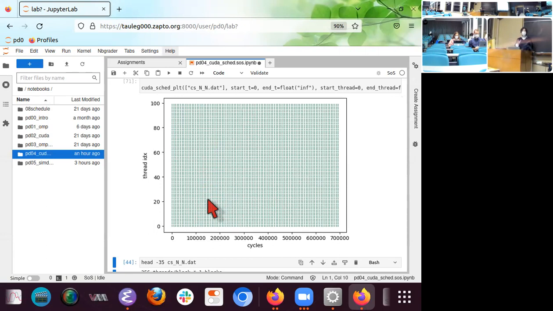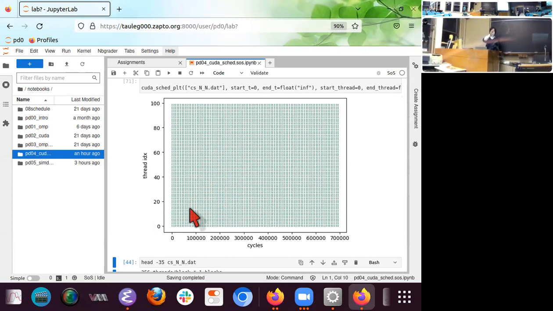Simultaneously does not necessarily mean literally at exactly the same cycle. But the point here is that they do not run like one thread completes and only after that other threads start executing. This is not how GPUs operate.